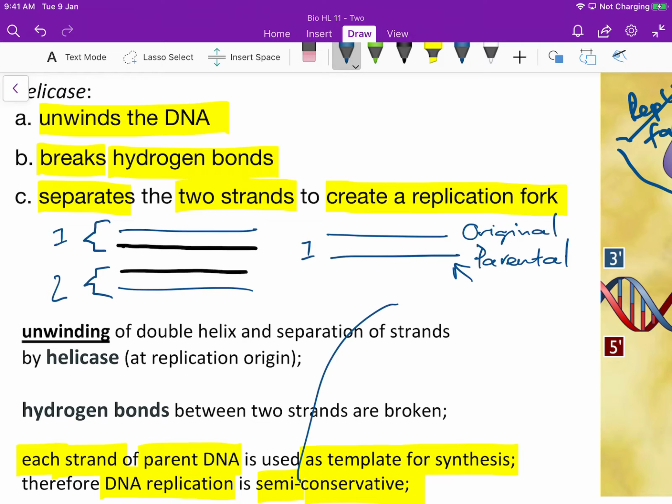In each of them, we have half parental DNA and half new DNA.